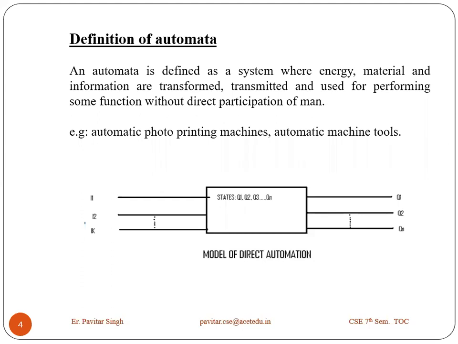I'm repeating again: an automata is defined as a system where energy, material, and information are transformed, transmitted, and used for performing some function without the direct participation of a man, right? You are just giving the input, that's it. So this is one example of automata, that is your electric oven.